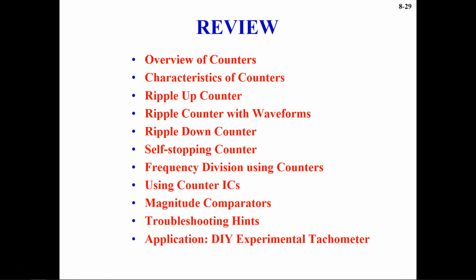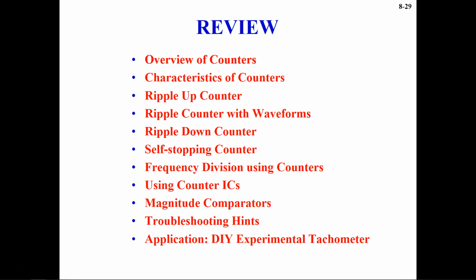We learned how to use a counter as a frequency divider, how to use the counter IC, and about magnitude comparators, which compare the magnitude of two binary inputs.